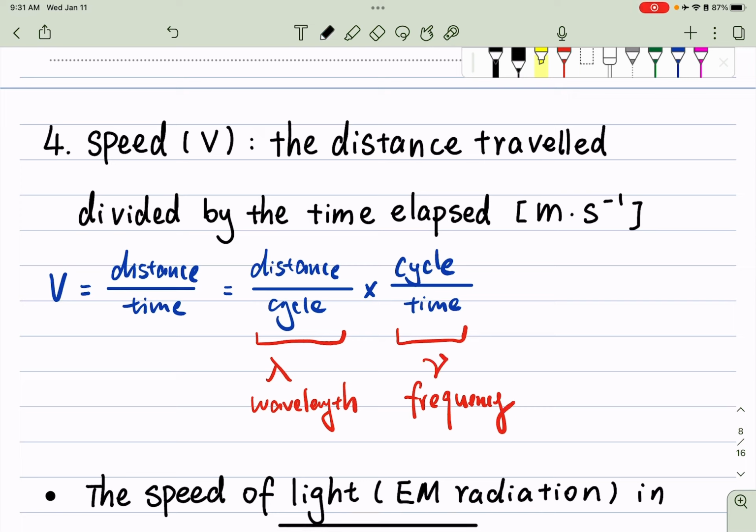So we come to the conclusion that the velocity of a wave equals wavelength lambda times frequency. Everything here is rooted in the definitions of wavelength, frequency, and speed.